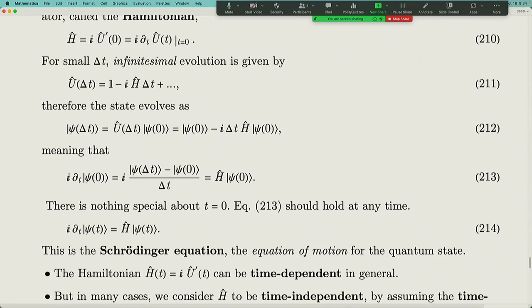Although we start from time equals 0 and try to see what happens with an infinitesimal time evolution, you can start from any time t and do the same exercise. You will reach the same formula. The only difference is that this psi 0 should be replaced by psi t. So we arrive at the differential equation that tells us how the state vector as a function of time should evolve, basically given its first order derivative, how it should evolve with respect to time.